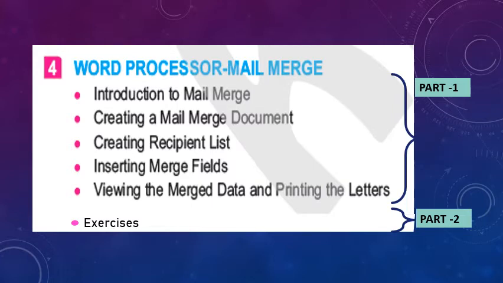In part 1, we will discuss all the topics of this chapter: Introduction to Mail Merge, creating a Mail Merge document, creating a recipient list, inserting merge fields, viewing the merge data, and printing the letters. In part 2, we will discuss its exercises. So let's begin our chapter.